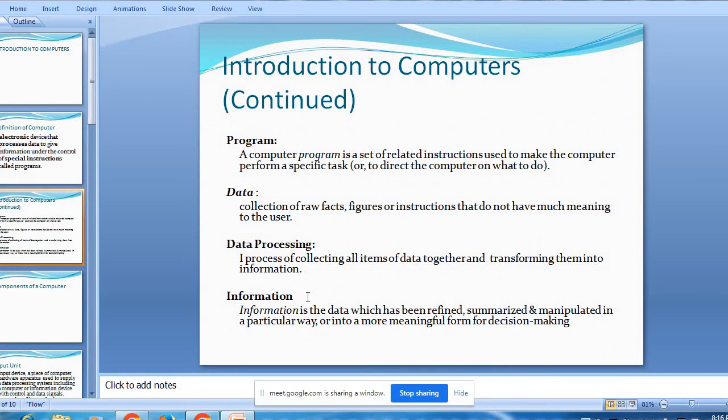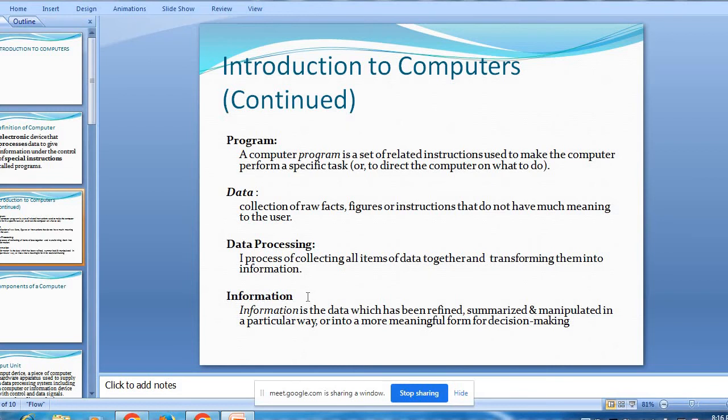Good. This is an assurance that you are able to see my screen that is being shared. So down there, data processing, what is it? It is the process of collecting all the items of data together and transforming them into information.